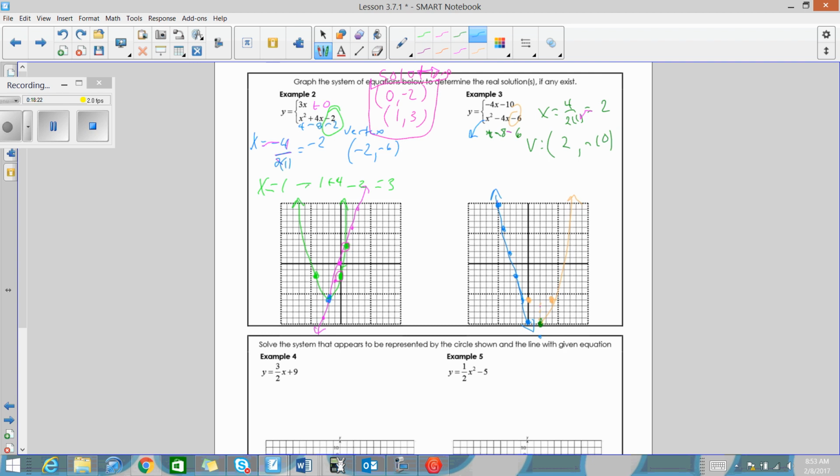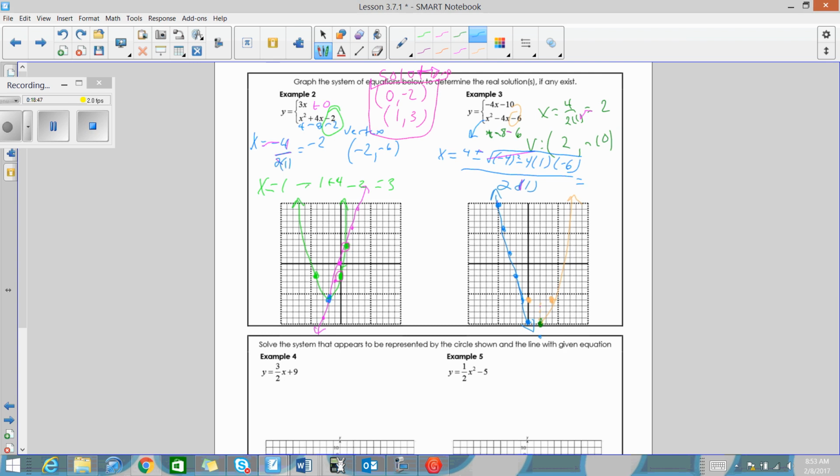Now, when you do that, x equals the opposite of b, so 4 plus or minus the square root of b squared, so -4 squared minus 4 times 1 times -6, all over 2a, which is 2 times 1. All right, I'm going to do this in my calculator. You should get 2 answers.